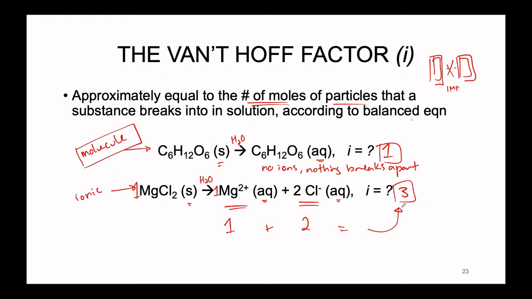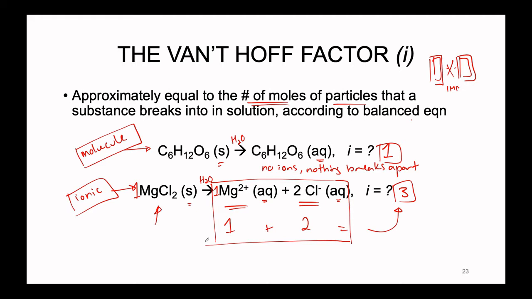This is the impact of the Van 't Hoff factor. If you are working with something that is ionic as opposed to molecular, the concentration of particles in solution is going to be higher than what you would expect based just off of the concentration of the reactant, because after everything breaks down in solution, you're going to end up with more particles than what you may necessarily have been expecting.